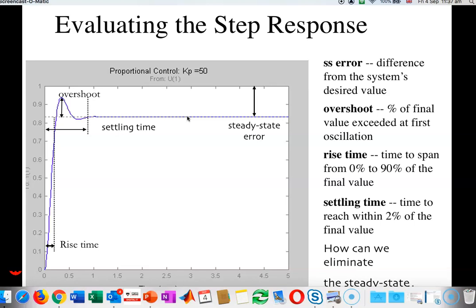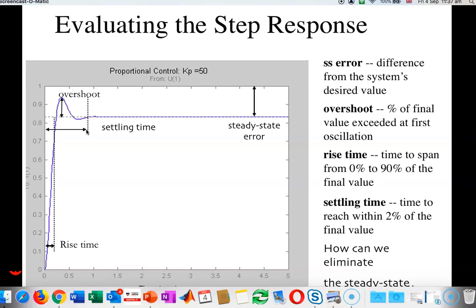It is the time for the system to take from 0 until it goes up and drops down and settles down to within 2% of the final value, and it won't go out of that 2% boundary anymore. Okay, so that time is known as the settling time. It's also a measure of how stable the system is.